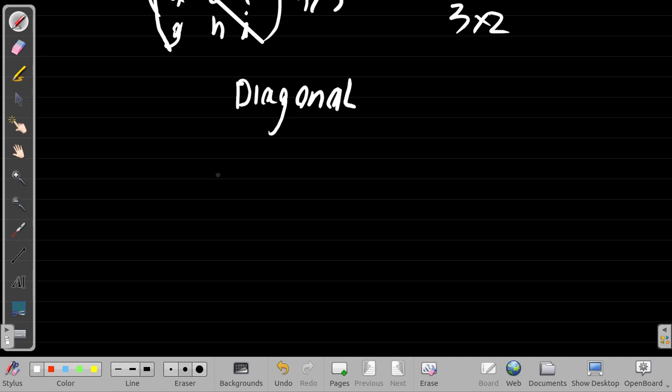When you talk about a diagonal matrix, something like 3, 0, 0, 5, the diagonal elements are non-zero, but every other element is 0. You see that? So a diagonal matrix is a matrix where the diagonal elements are non-zero, but all of the other elements are 0.